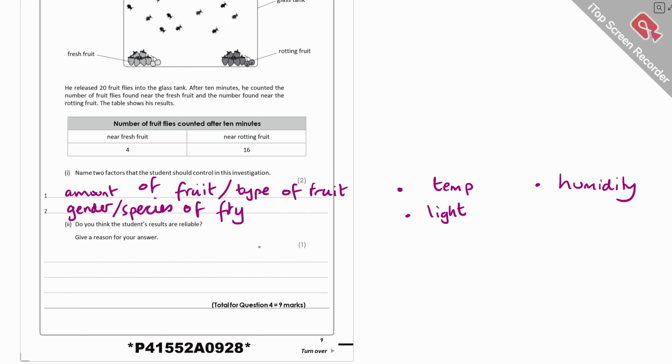Right, do you think they're reliable? I suppose there's 2 ways you can answer that, but you have to justify it. Yes, because lots of fruit flies were used. Or you can say no, did not repeat.